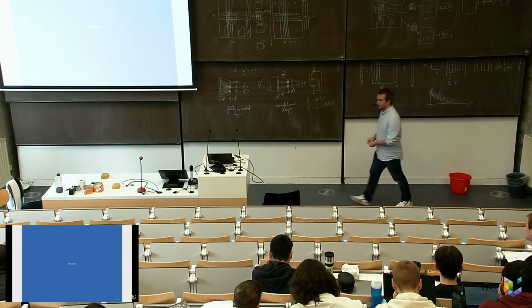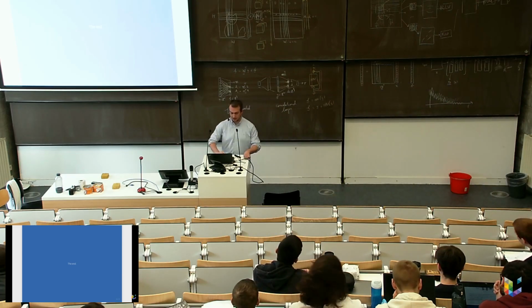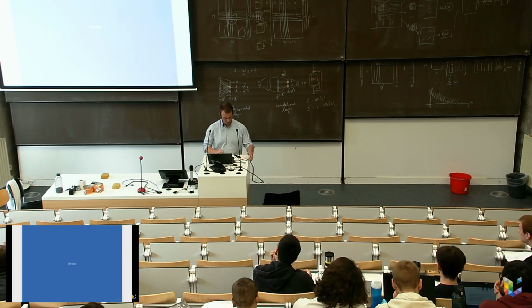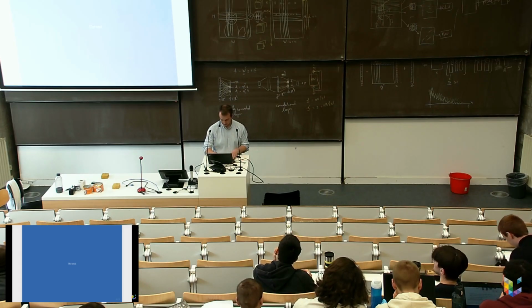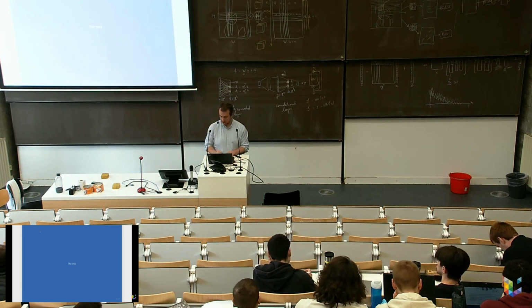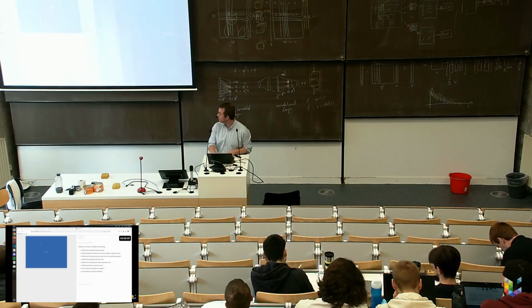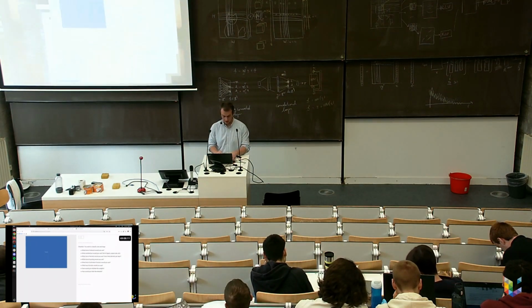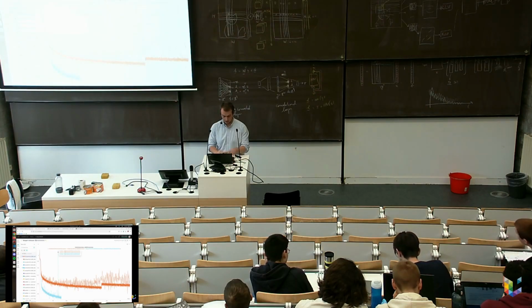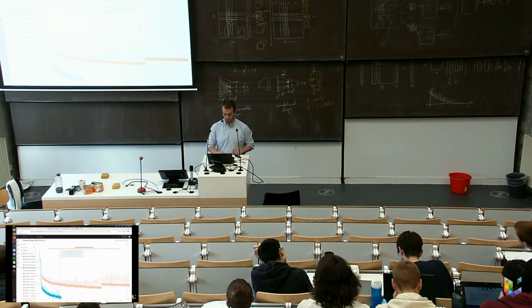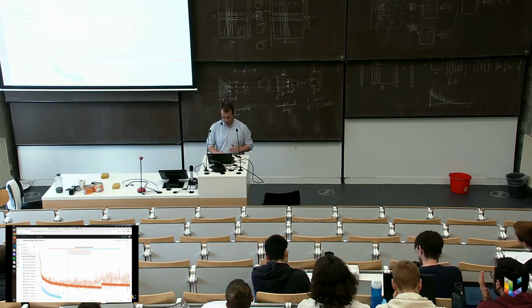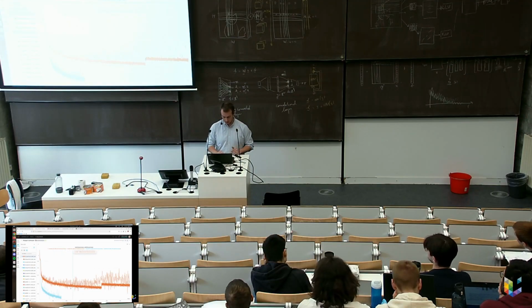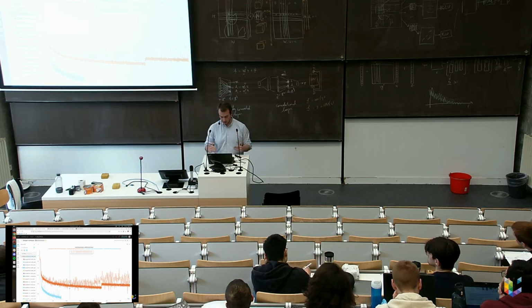So I can show you an actual neural network that we are training. We are looking at things like this, where these are two neural networks, and you have in red the training loss, and with the dashed line the validation loss.